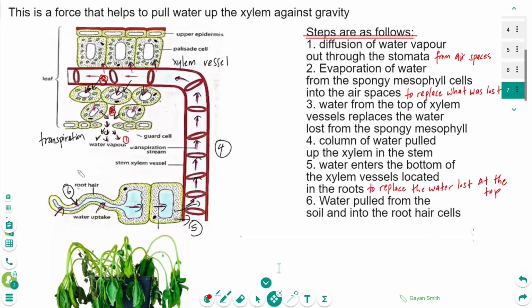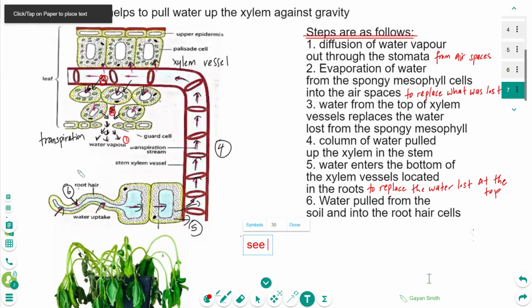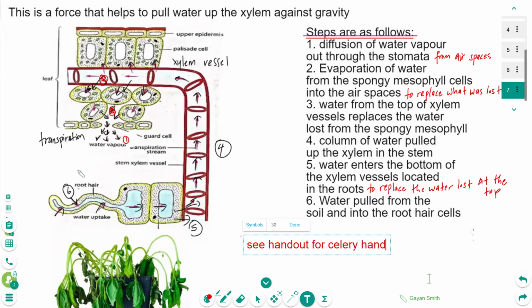All right, so I'm just going to make a note, C handout for celery experiments. Sometimes, guys, whenever you have a handout, in order for you to remember to look for it, I normally ask you to write a note in your notes, right?